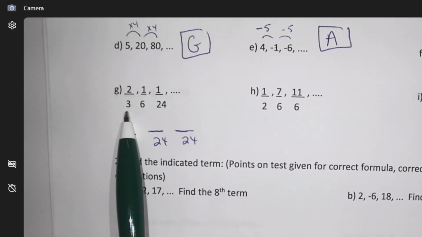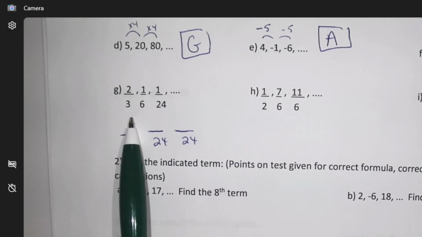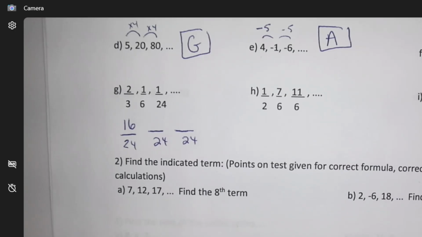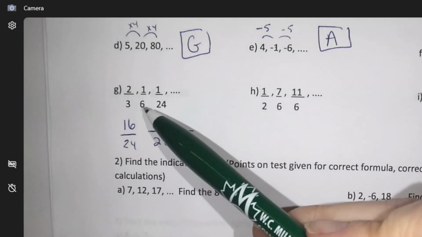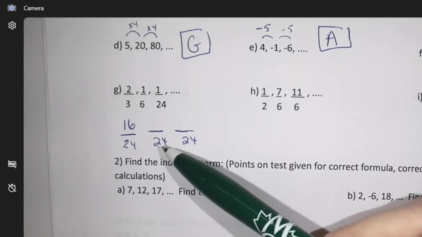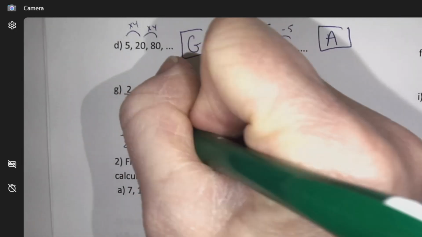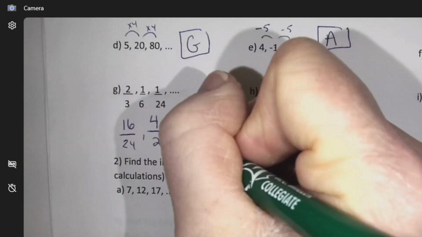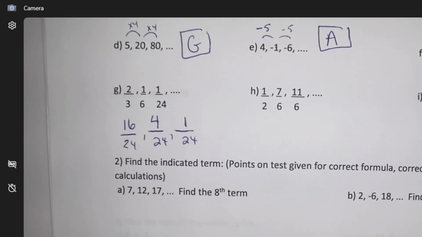Okay, how do you want to change the first fraction into a 24? Times by 8, so 16. Turning the 6 into 24, I'm going to times by 4. And then that was just a 1. Can anybody see a pattern?